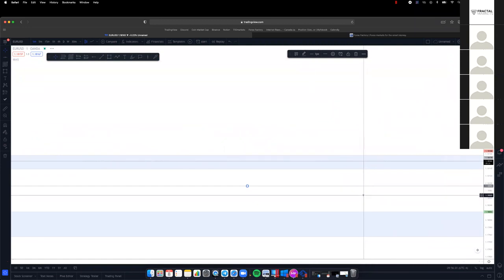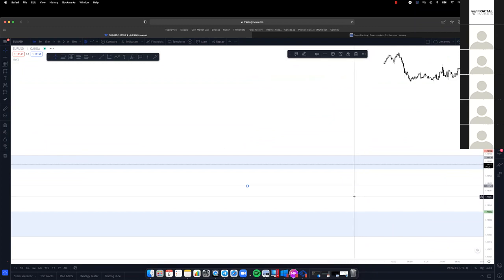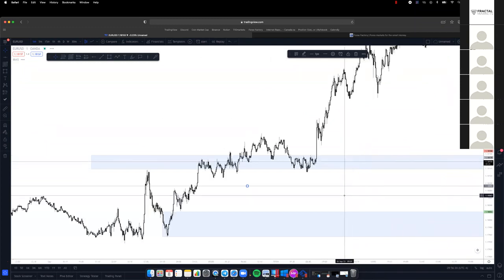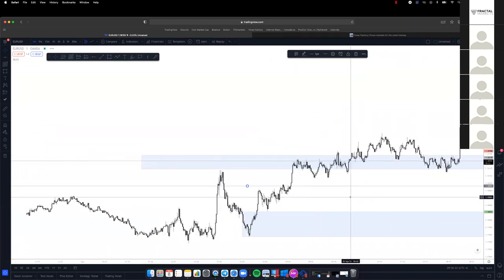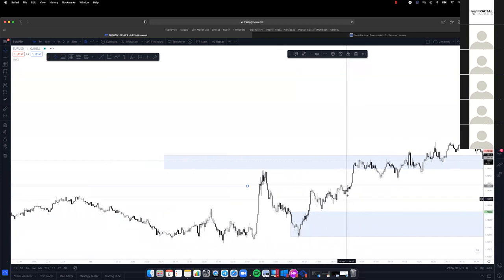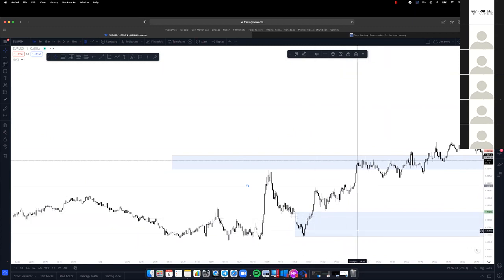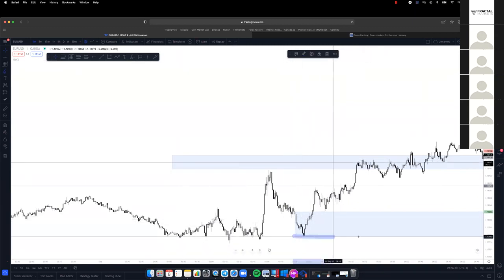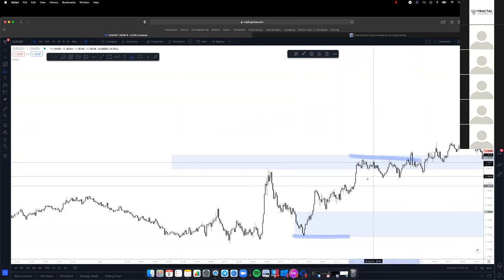When we're aligned with the higher time frame, this is usually stuff I want to go over in the masterclass, but I will shed a little bit of light on it right now. Yes, there's an unmitigated demand level right here, but the market structure demand level is right here. That's what broke.